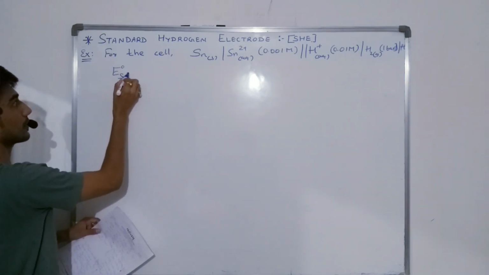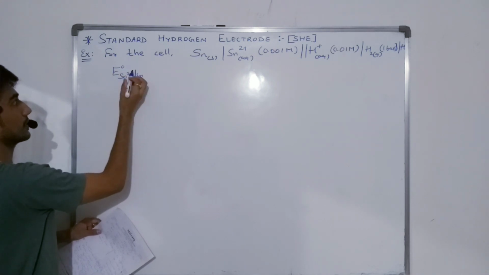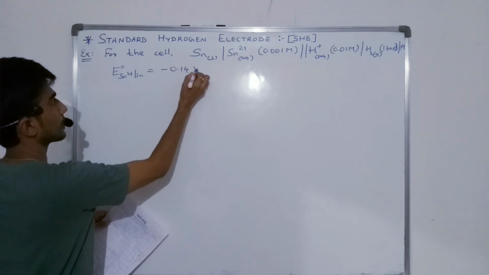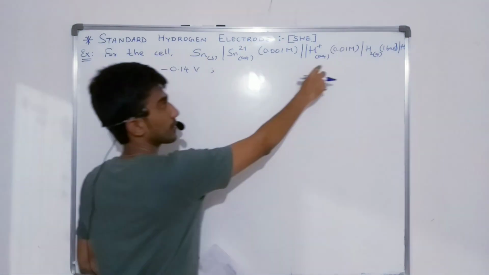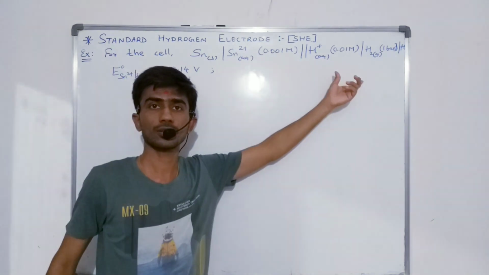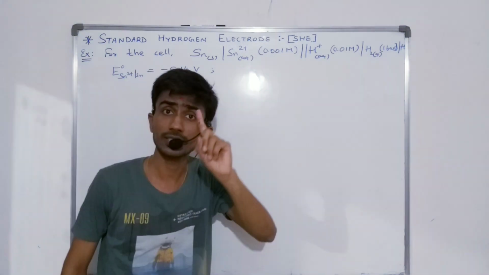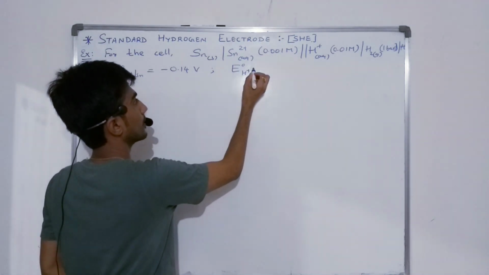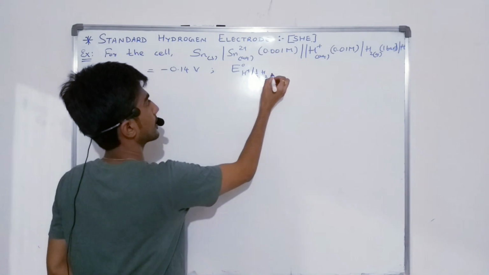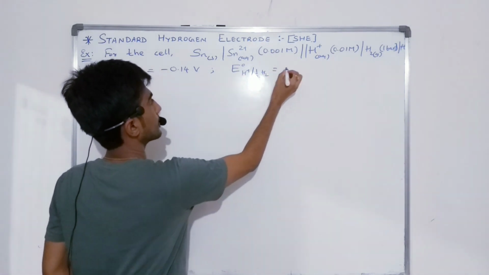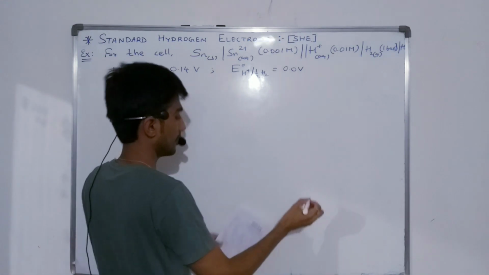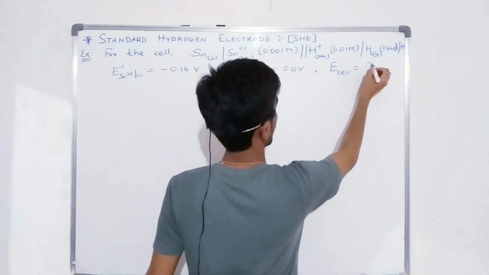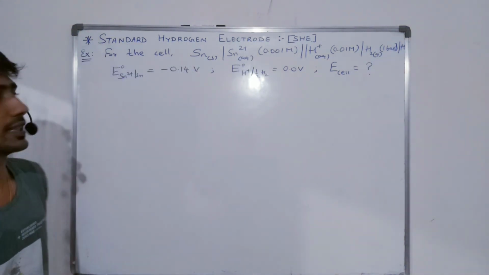Standard reduction potential of Sn2 positive to Sn is minus 0.14 volt. This is your hydrogen electrode. Standard reduction potential of hydrogen or standard oxidation potential of hydrogen is assumed to be 0, so we will be taking it 0 only. E0 of H plus by 1 half H2 is equal to 0.0 volt, and they have told you to find the EMF of the cell.